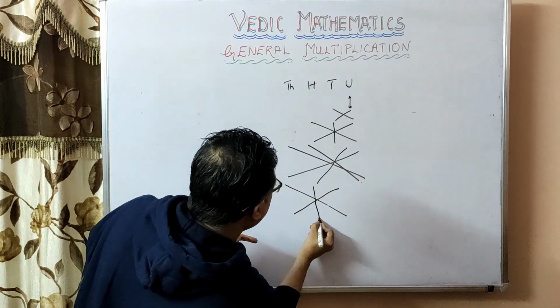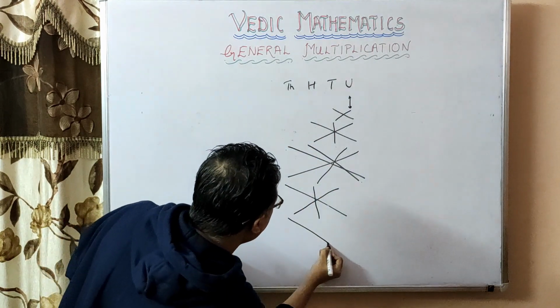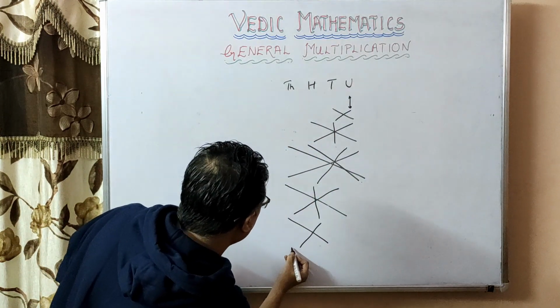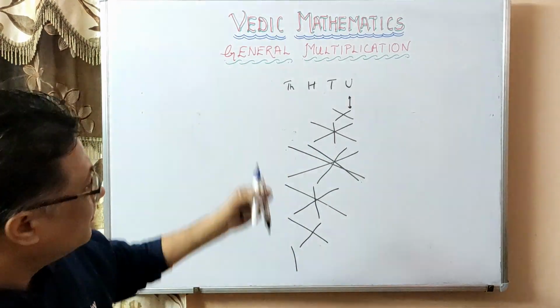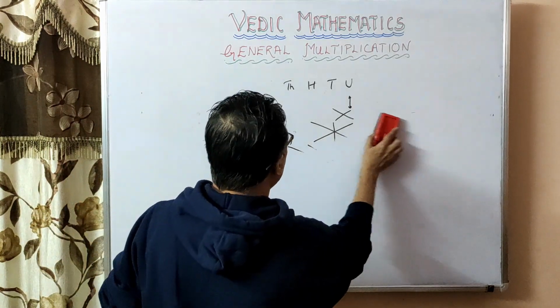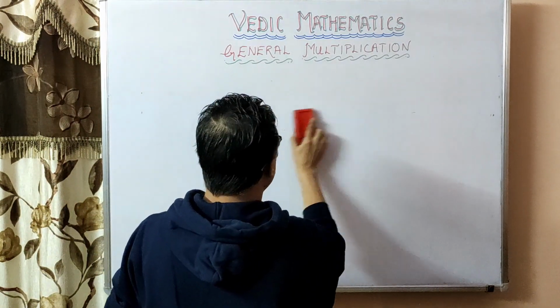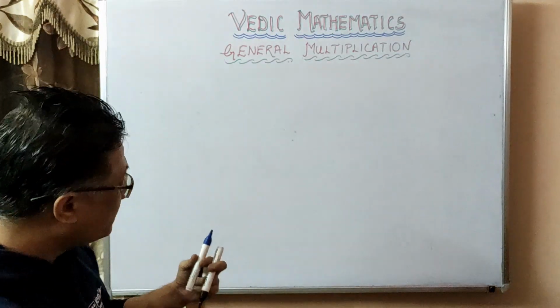We'll have only 3 digits to consider. Then we leave 1 and then we leave it. So this is an example of a 4-digit number. But as I go forward with the examples, you will know what I am talking about. And once you practice it, it will be very easy.